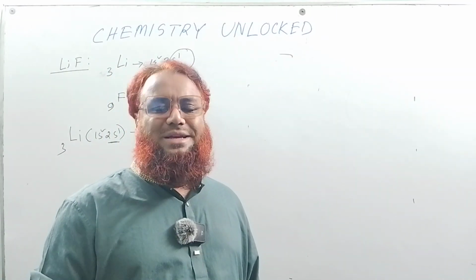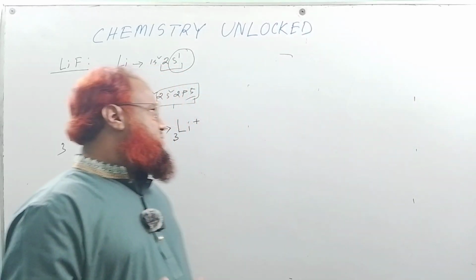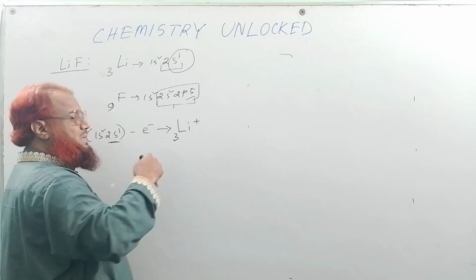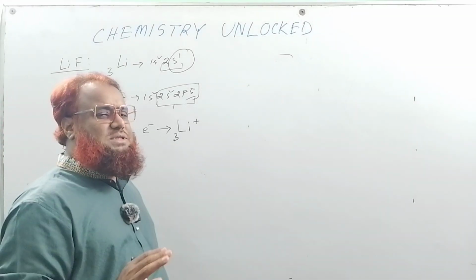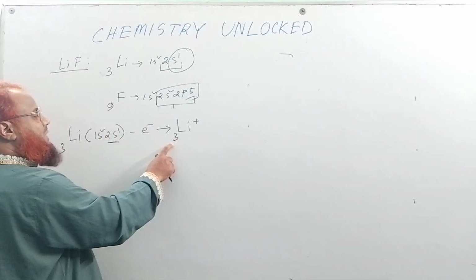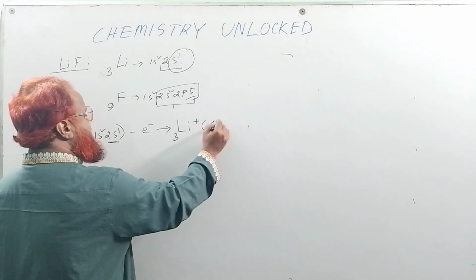It never changes. It only changes when a nuclear reaction occurs. That's why lithium's atomic number is not changed here, because it is donating its outermost shell electron, not any positive charge from the center or nucleus. That's why the atomic number remains the same, but the electron number will change like this.